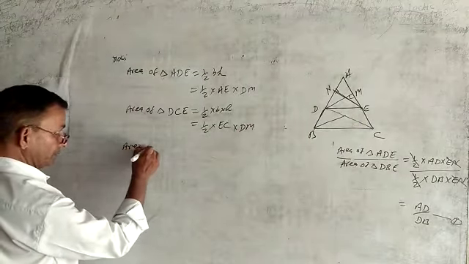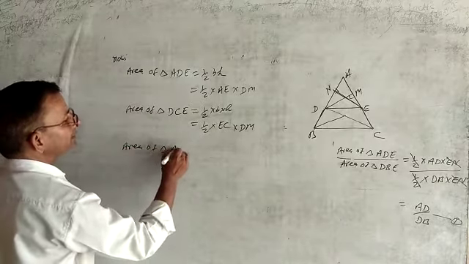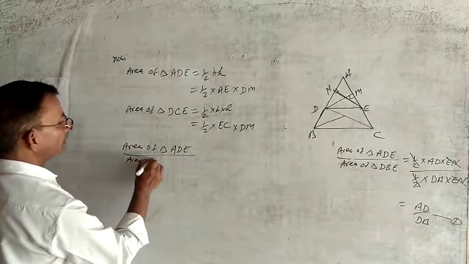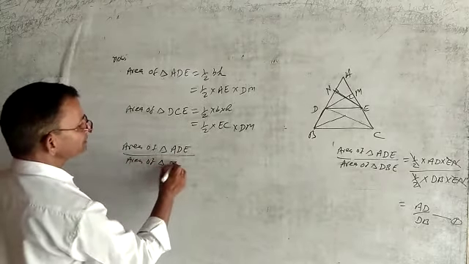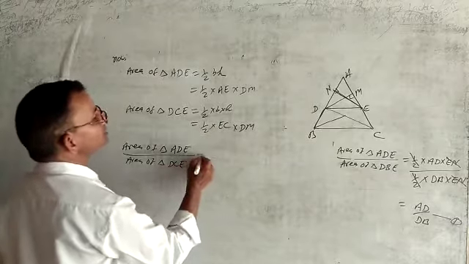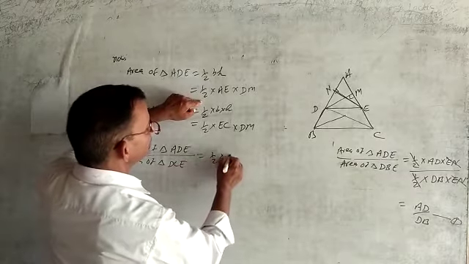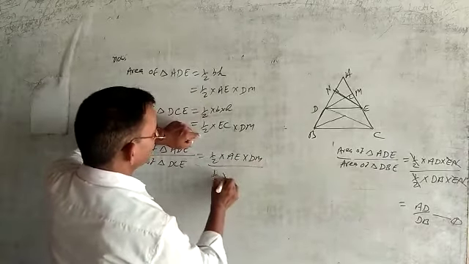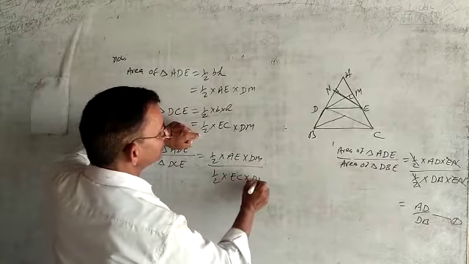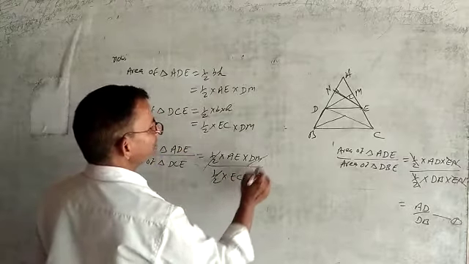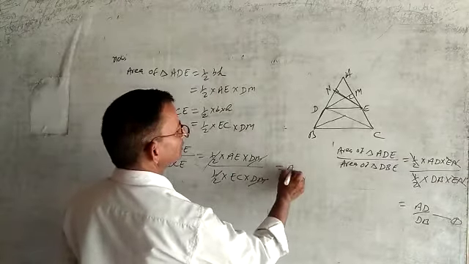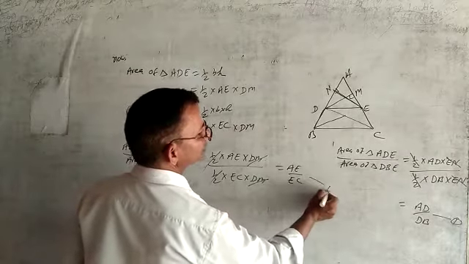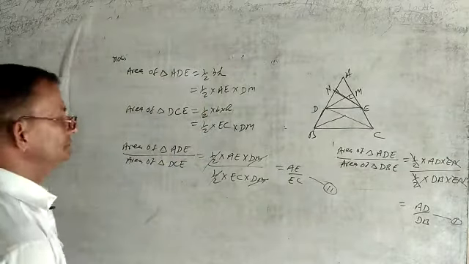Area of triangle ADE by area of triangle DCE is equal to 1 by 2 into AE into DM upon 1 by 2 into EC into DM. Half cancels, DM cancels, is equal to AE by EC. Suppose this is equation 2.